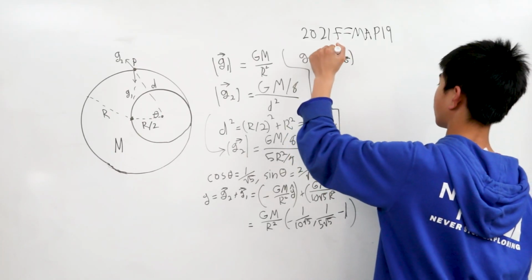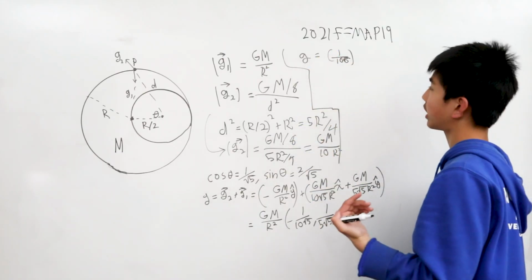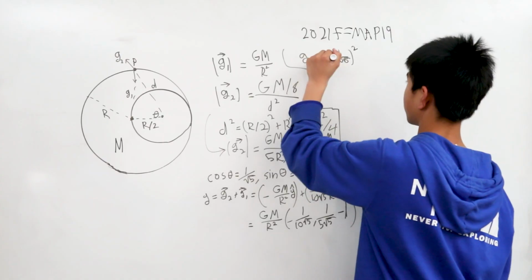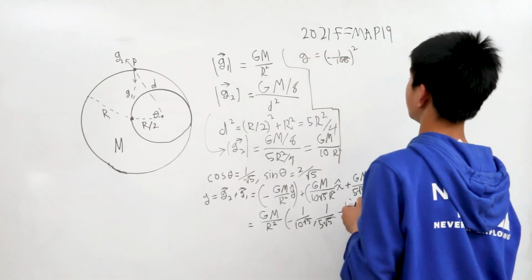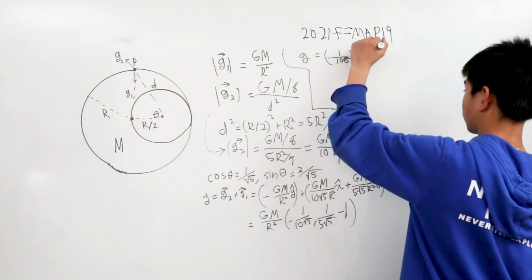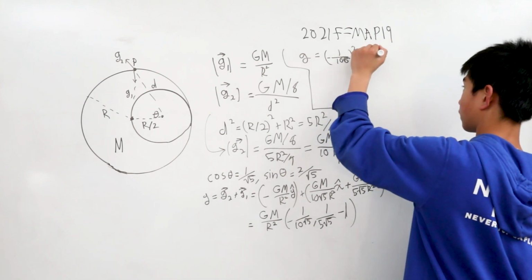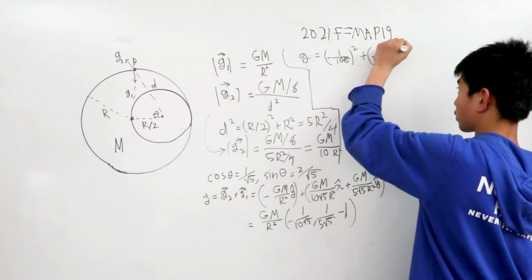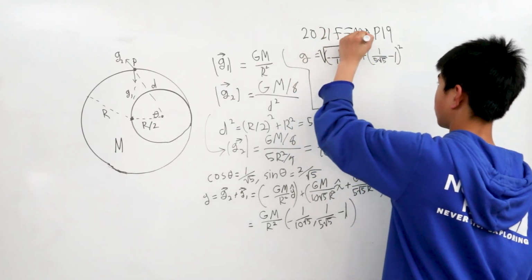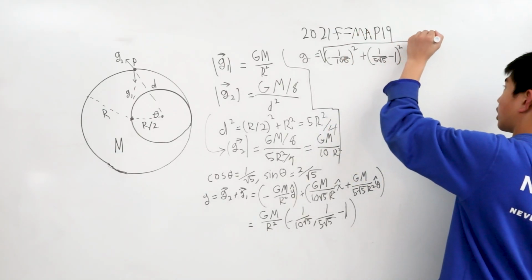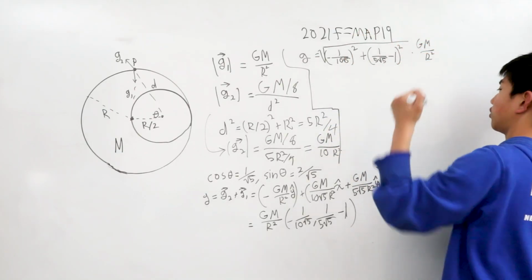I could write it negative, but writing it negative, it's not really going to do anything if you square it, but it just helps showing it. So you basically square these two things that you get. This is 1 over 5 root 5 minus 1 squared. And then you multiply by Gm over r squared like usual.